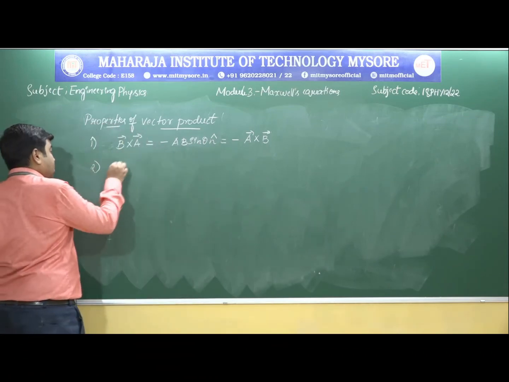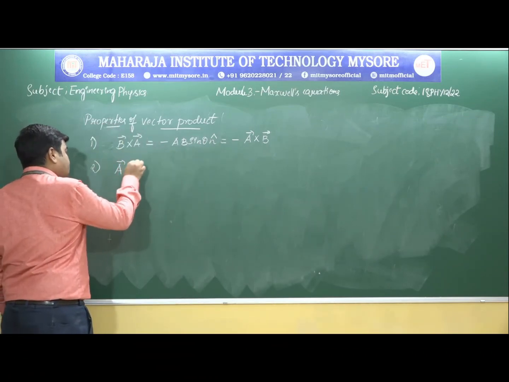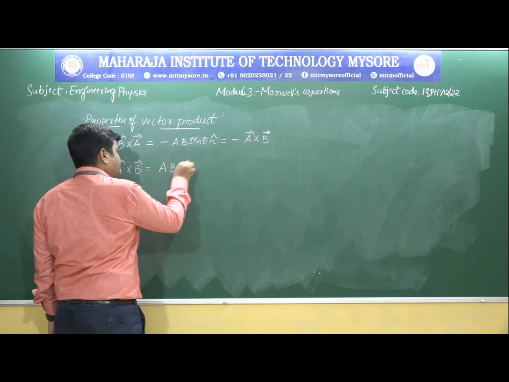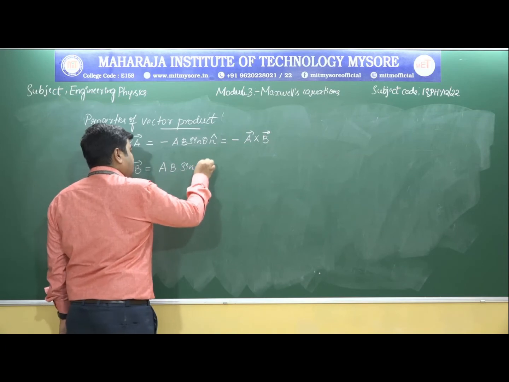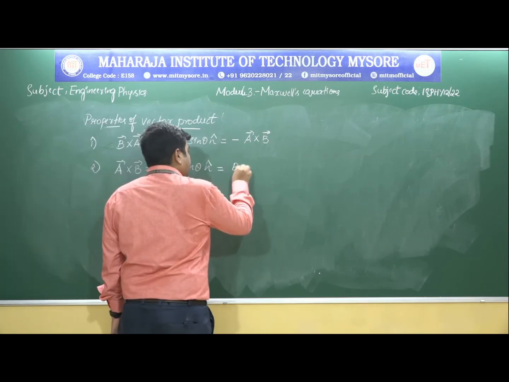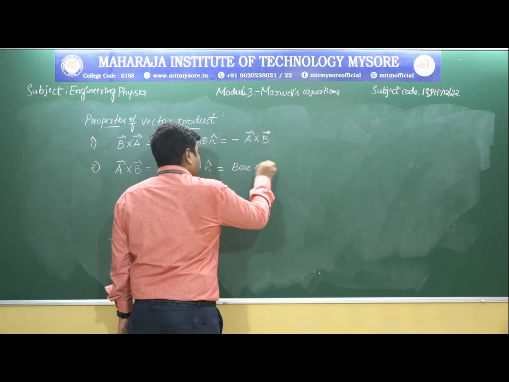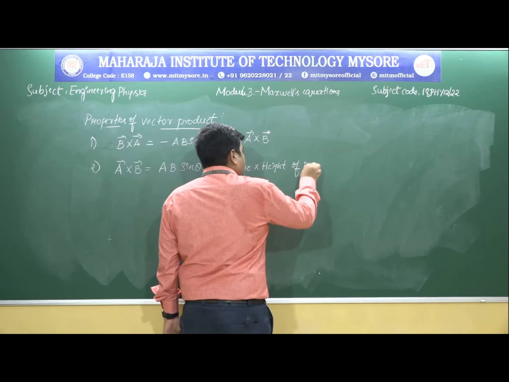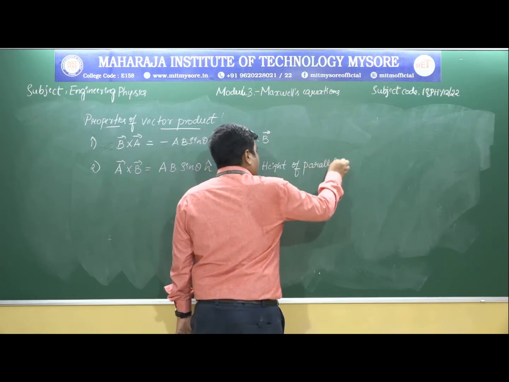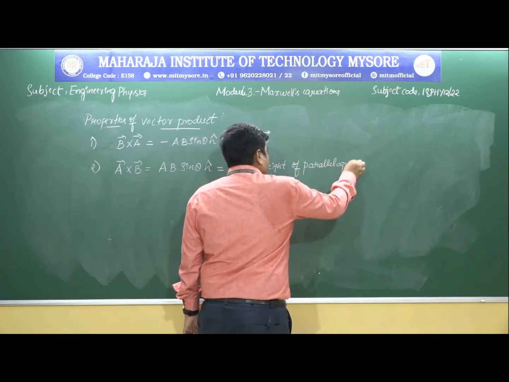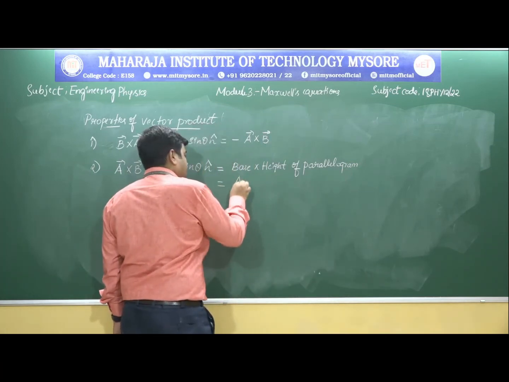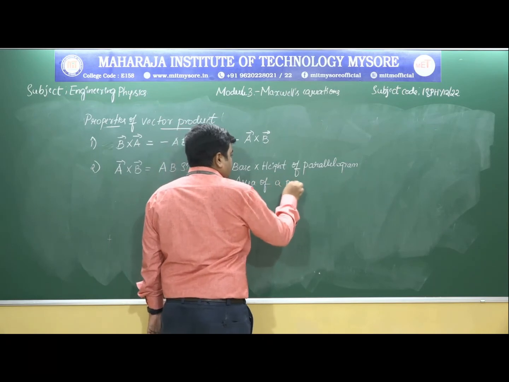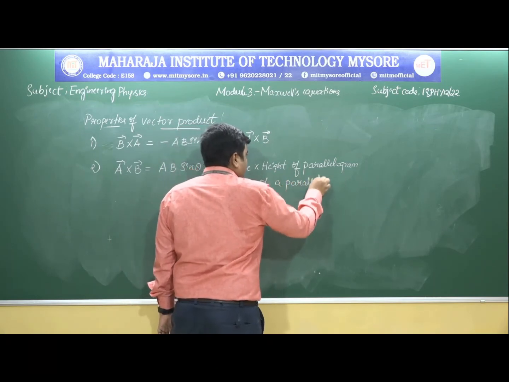Now, the second property: vector A cross vector B is equal to AB sin theta into n cap, which is base into height of a parallelogram, or it can be called the area of a parallelogram.